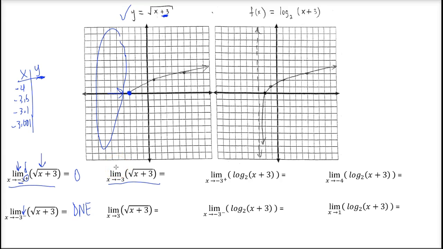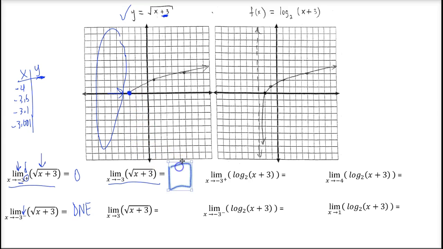And the idea here is that in order for us to be able to answer this with a real number or plus or minus infinity, we have to have the function doing the same kind of thing, acting the same kind of way, or going to the same kind of y value from both the left and the right side of the number.